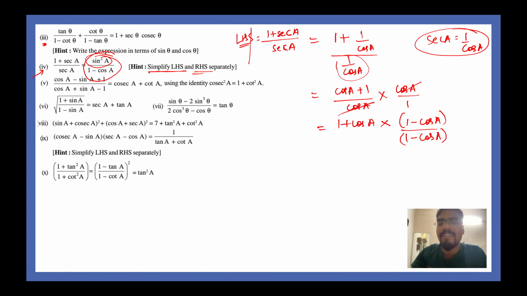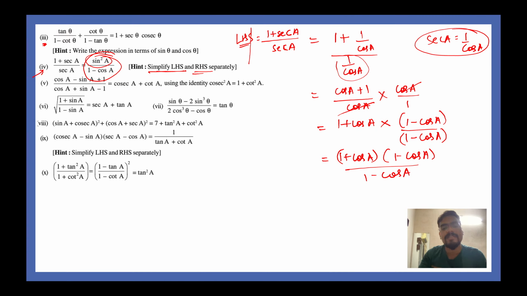We are not doing anything extra, because the 1 minus cos A will cancel out and the multiplier is just 1. So this can be written as (1 plus cos A) times (1 minus cos A), divided by (1 minus cos A).